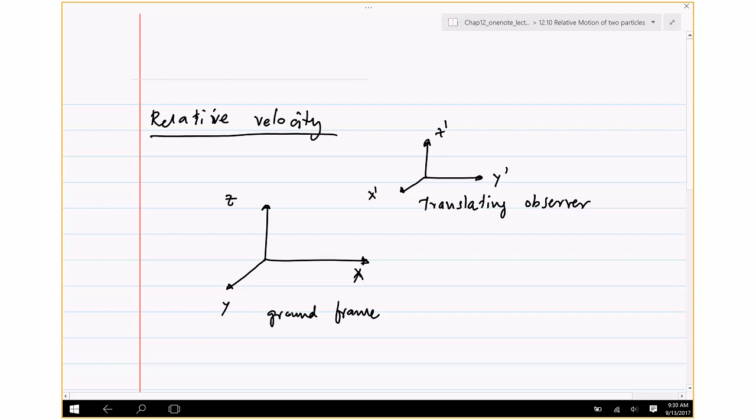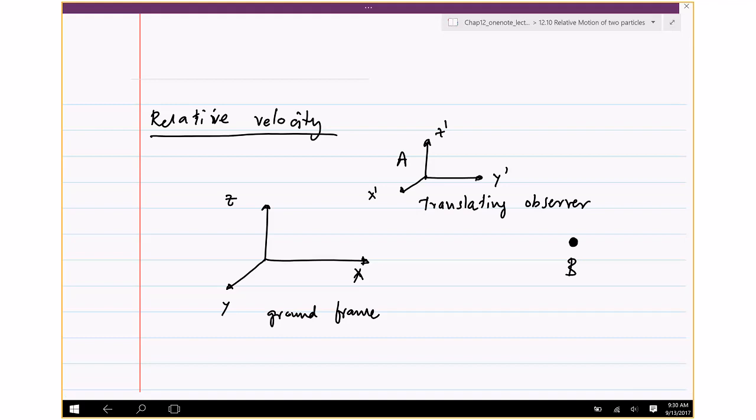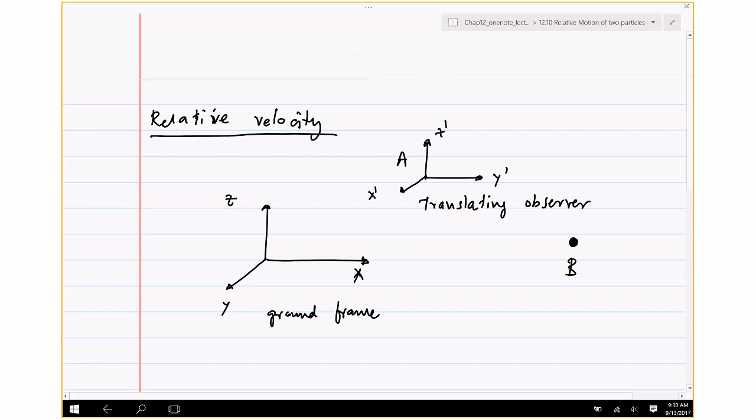Okay, and if there's a particle, let's call it B. Let's call the origin of the translating observer A. Then I can find the position of A with respect to my fixed frame or ground frame.